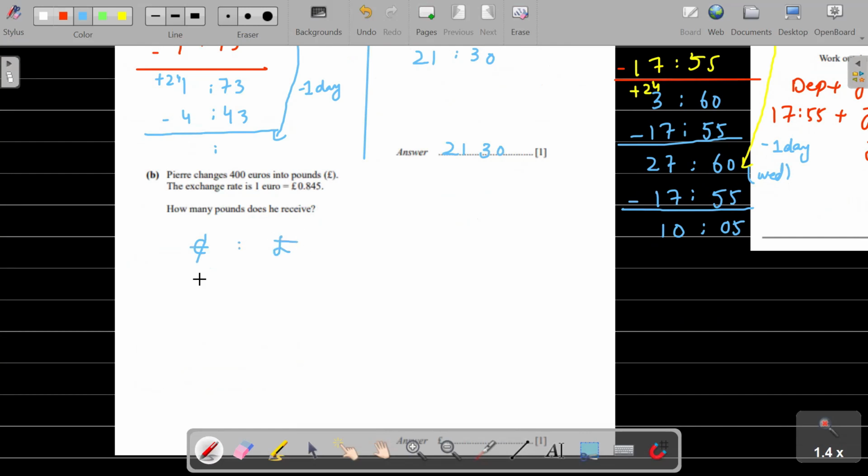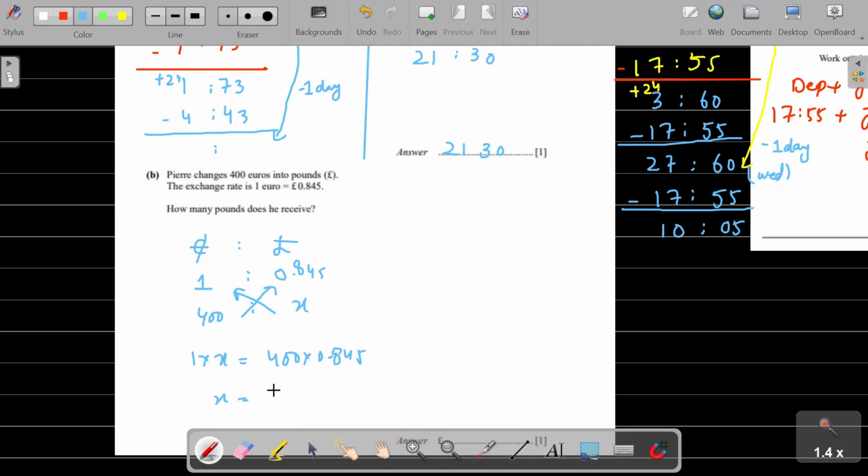We know that 1 euro is equal to 0.845 pound. And this one is 400 pound. We need to convert this. It is x. Simply cross multiply. By cross multiplying, it is 1 times x is equal to 400 times 0.845. Let's separate it.